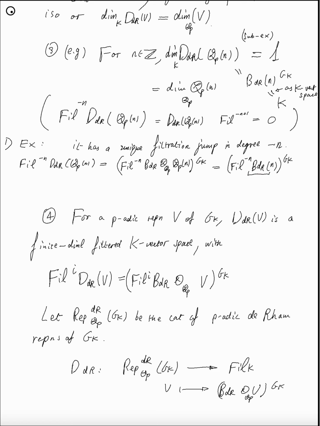This is B_dR fixed by J_K, and so this is K. But as you could imagine, once you increase by one, then what we have left is B_dR times t, and the point fixed by J_K should be 0.